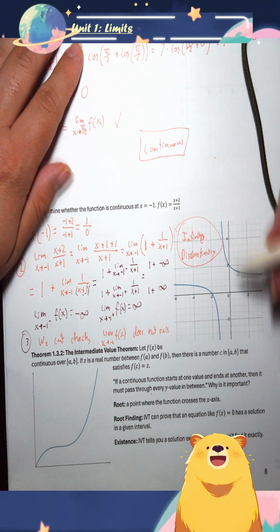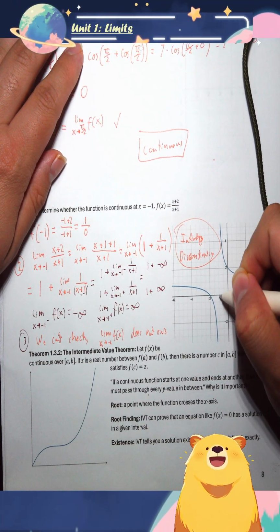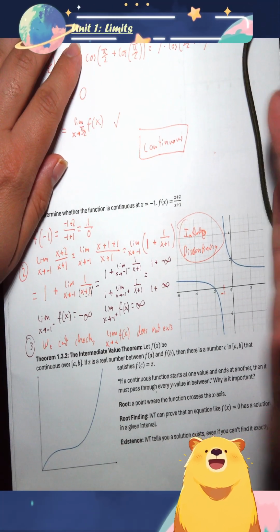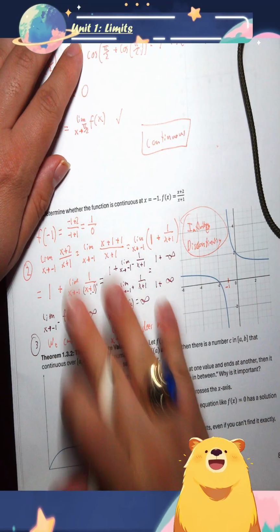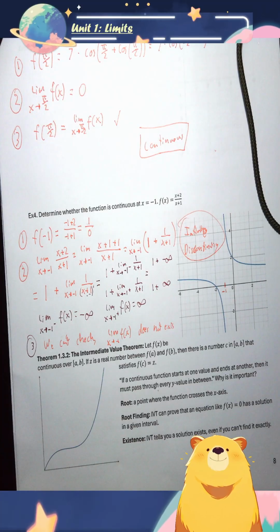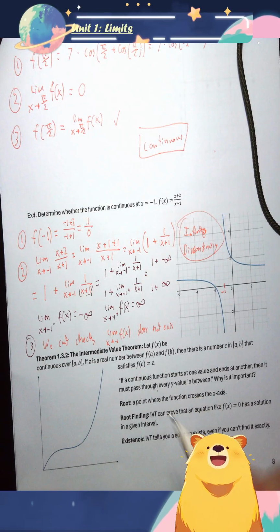And you can see that here in its graph representation because as we come towards this -1, from the right-hand side we're going towards infinity, from the left-hand side we're going towards negative infinity, that split is an infinite idea. So therefore it's an infinite discontinuity.